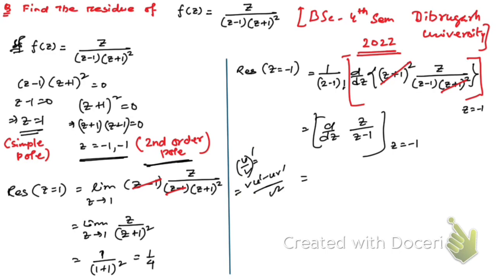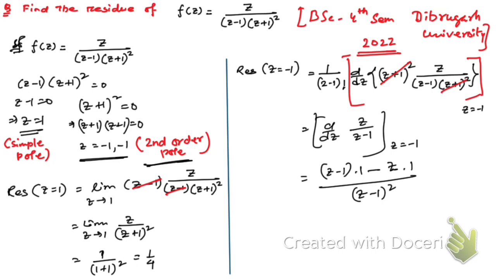So z minus 1 into derivative of z, which is 1, minus z into derivative of z minus 1, which is again 1, by z minus 1 whole square. Hope you have understood this. Finally we put z is equal to minus 1.